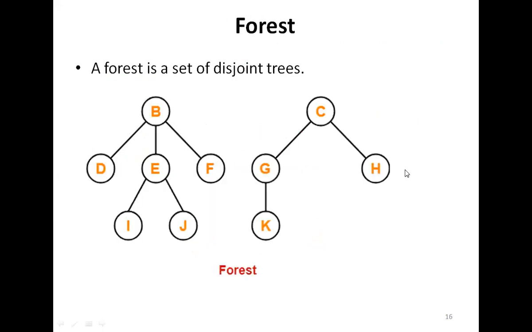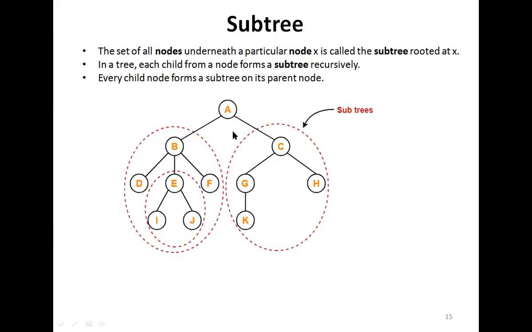Then forest. Forest is a set of disjoint trees. See in this diagram, if you cut these two, you cut this, so you have to disjoint this. अगर disjoint कर देते हो, so this will become one tree, this will become another tree. So forest is actually a set of disjoint trees.